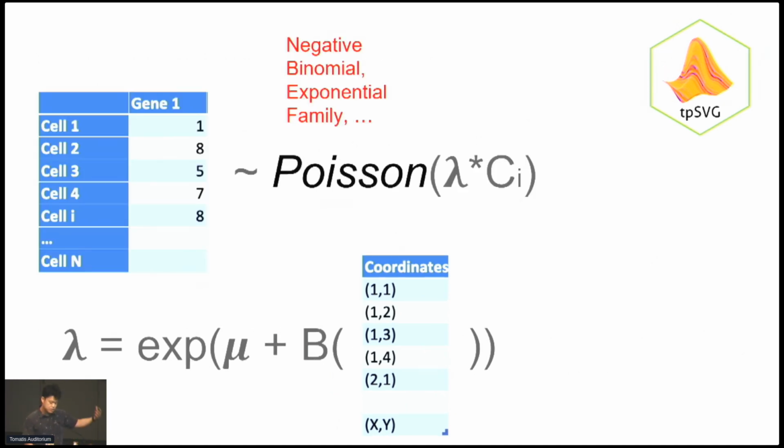You can also open up to other distribution assumptions on the data generation. If you like negative binomial, you can do that. There's also the exponential family. And this is a part that I haven't extended, but you can also leverage the mgcv package, where they also consider zero inflation if you really believe in that.